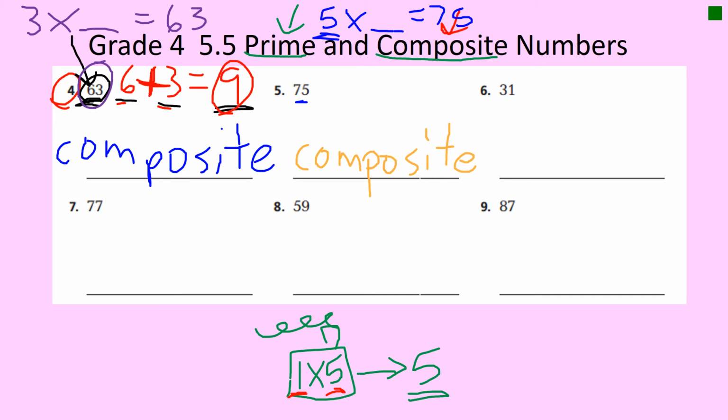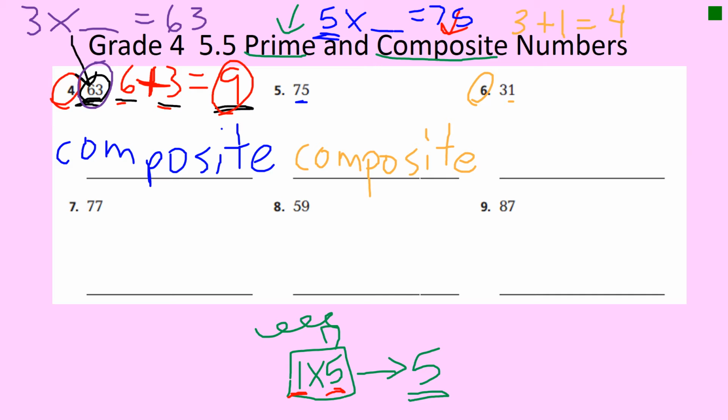All right, on we go to number 6. Here's the number 31. So let's think about our divisibility rules. It doesn't end in 5 or 0. It doesn't end in 0, 2, 4, 6, 8, which would make it divisible by 2. So 2 would be a factor, so that doesn't work. Let's try adding the digits. 3 plus 1 equals 4.